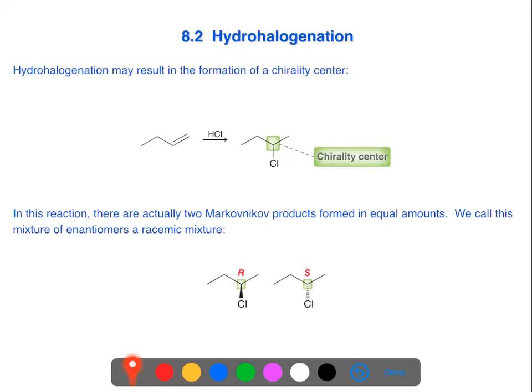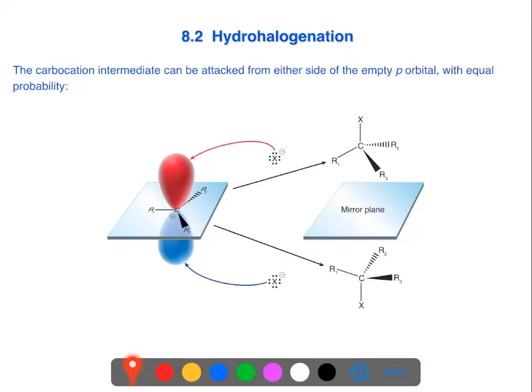In this reaction, there are actually 2 Markovnikov products that are formed in a 50-50 ratio. And so we call this mixture of enantiomers a racemic mixture. You can see that the net result of this reaction is that we'll form 50% R and 50% S. That's because when we generate that carbocation, there can be nucleophilic attack from either side.